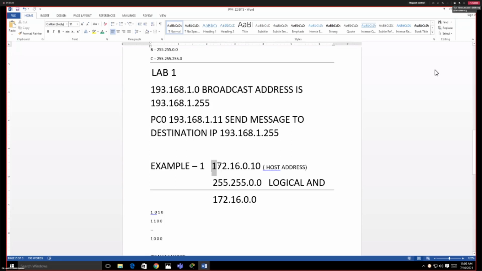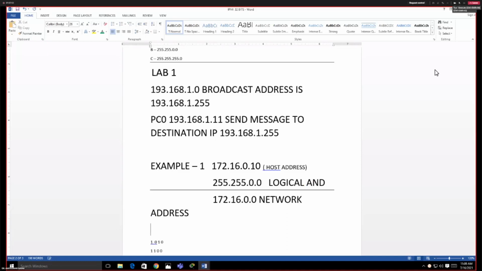Otherwise, 0. If the input is 0 and 1, the output will be 0. In the case of 1 and 0, the output will be 0. In the case of 0 and 0, the output will be 0. So I can write the IP address of the host and the default mask in binary form. Can we write it? Yes, sir. If we write 172.16.0.10 in binary and 255.255.0.0 in binary, and then perform the logical AND operation, the result will be 172.16.0.0, which is the network address.